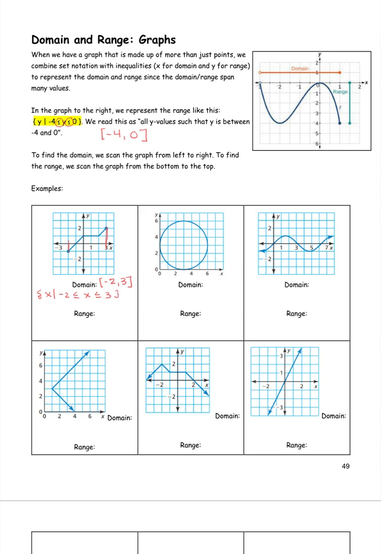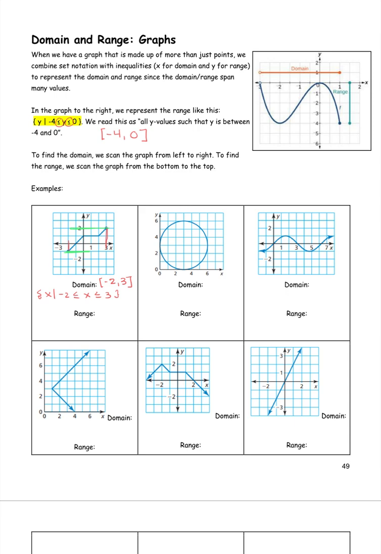Again, it reads as all the x values such that x is between -2 and 3. All right, so looking at our range, and I'm going to change our color to blue for our range, or let's look at green. Our range, we start from the bottom of our graph and work our way up. We can see here that my range starts at -1, work my way up, my range stops at +2.